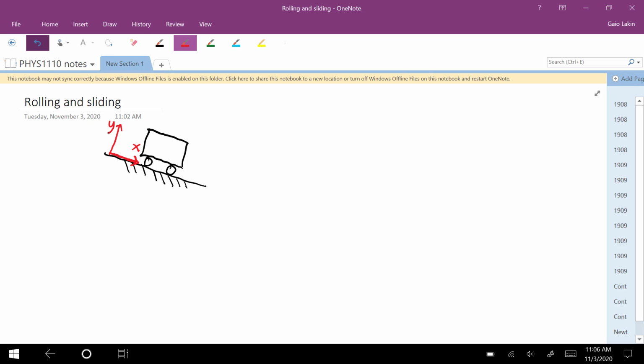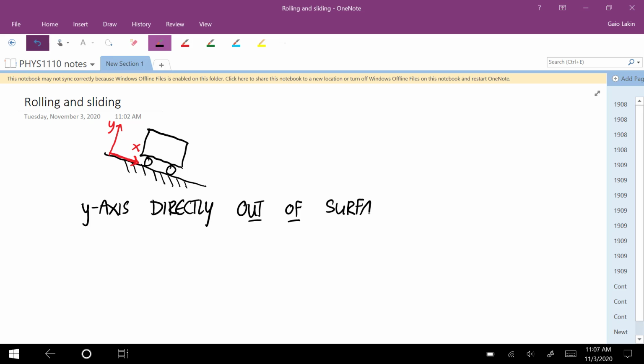So the x-axis is always parallel to the surface, the y-axis is directly perpendicular out of the surface, and the x-axis is along the surface.